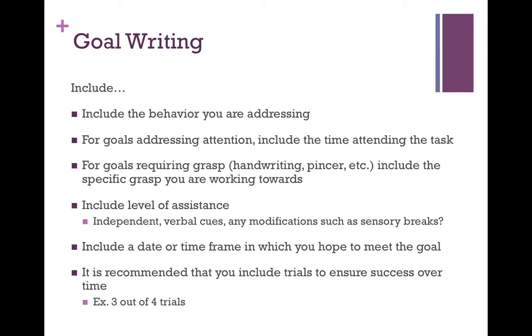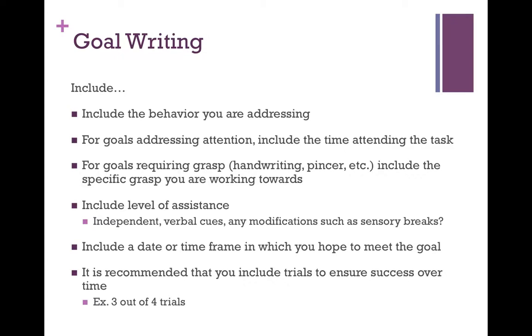You'll also want to include the level of assistance. So do you want them to achieve this independently? Are you allowing verbal cues, visual cues? Are you providing modifications such as sensory breaks to improve attention, or a button hook for improvement in independence in ADLs? Any of that information you would want to include in the goal.